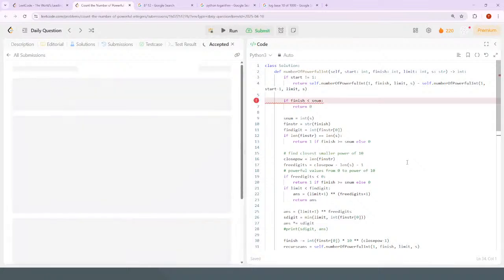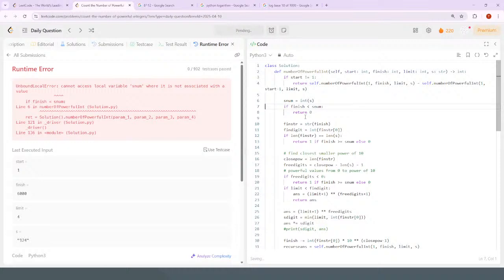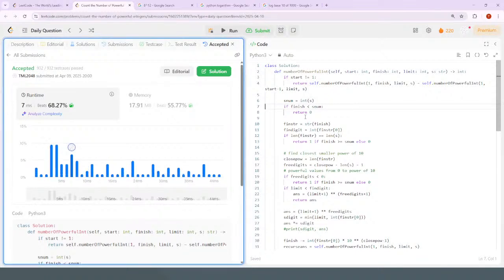Right, let's see if that finish is smaller than your snum. Okay, actually you probably need to do the snum calculation before that.